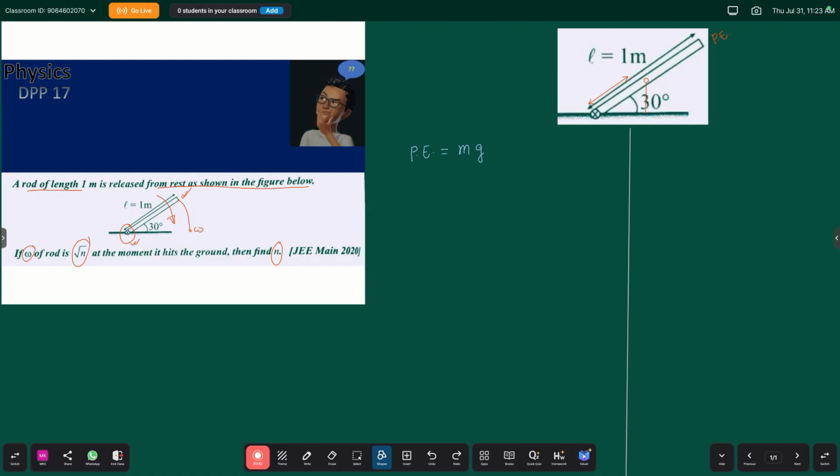Since the rod we have taken as uniform, the center of mass will be at L/2 distance from the end.